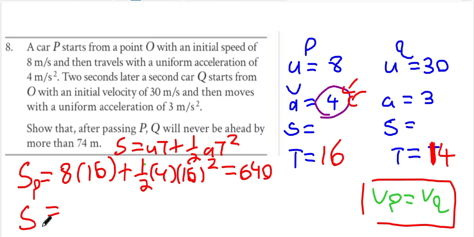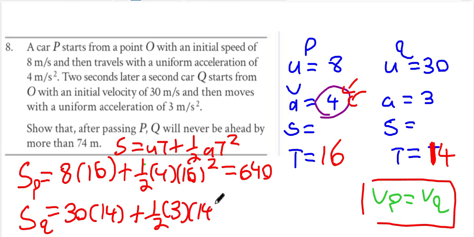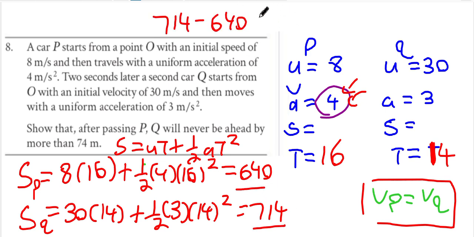S for Q is going to be 30 times 14 plus a half 3 times 14 squared. 714. Is that what I was looking for? Yeah, absolutely. 714 take away 640: 74 meters, lads. There you go.